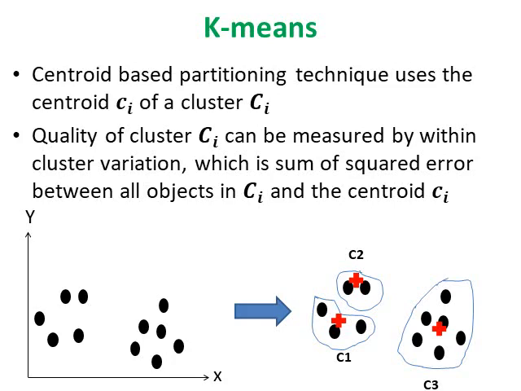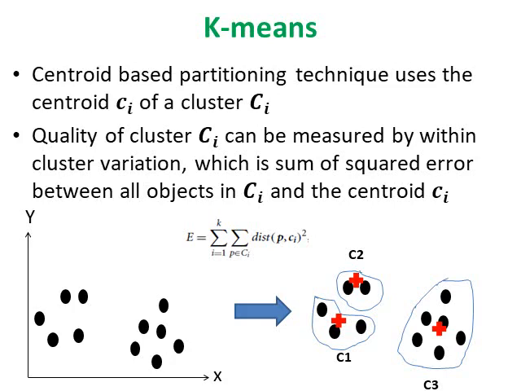The quality of the cluster can be measured by within cluster variation, which is the sum of squared error between all objects in the cluster and the centroid. It is represented by the following equation. In this equation, the distance function is calculated by using Euclidean distance, and E is the sum of squared error for all objects in the dataset. p is the point or data object.